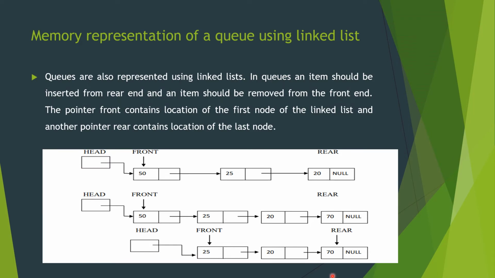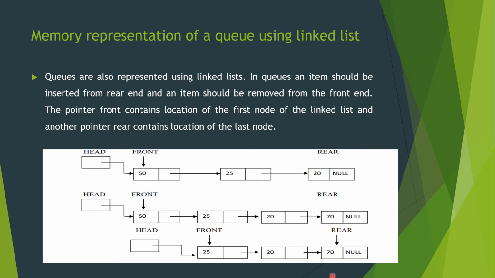Here is the memory representation of the queue using the linked list concept. A linked list is a collection of nodes. Each node contains two different parts. The first part contains the information field, and the second part contains the link field. The information field contains the data, and the link field contains the address of the next node.